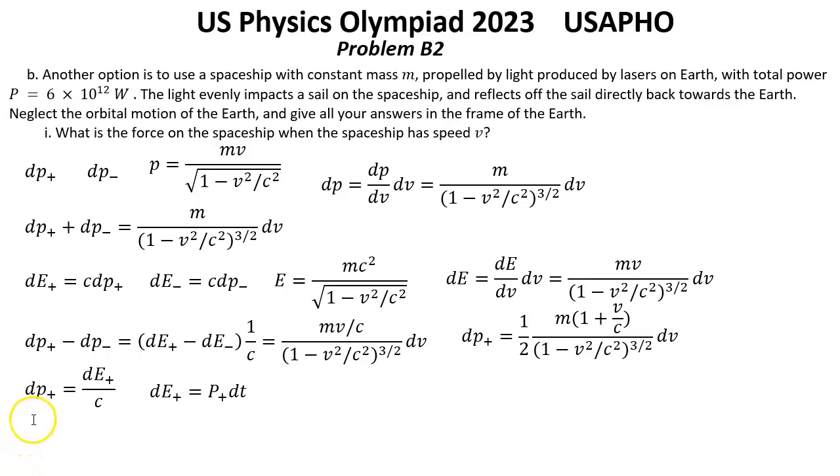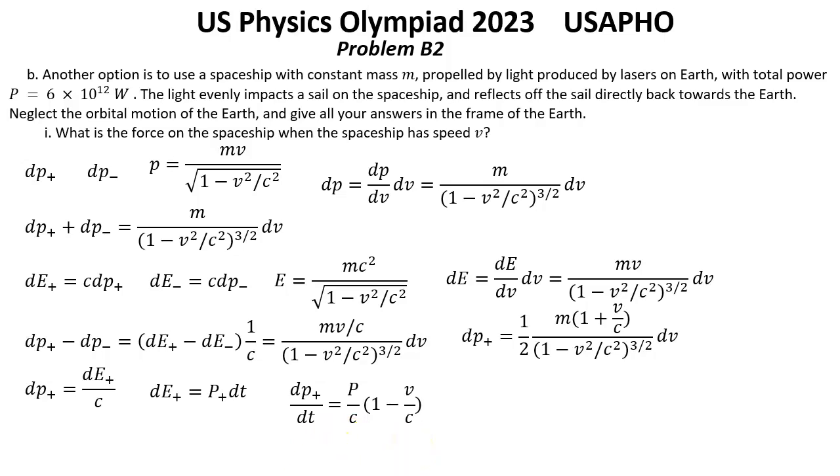The momentum which reached our ship, delta p plus, equals the energy which reached it from this beam over c. But the energy equals the power which reached our ship multiplied by delta t. The power P plus is just the part of the power which reached our spaceship, that was power multiplied by 1 minus v over c. And delta p plus over delta t equals this expression.